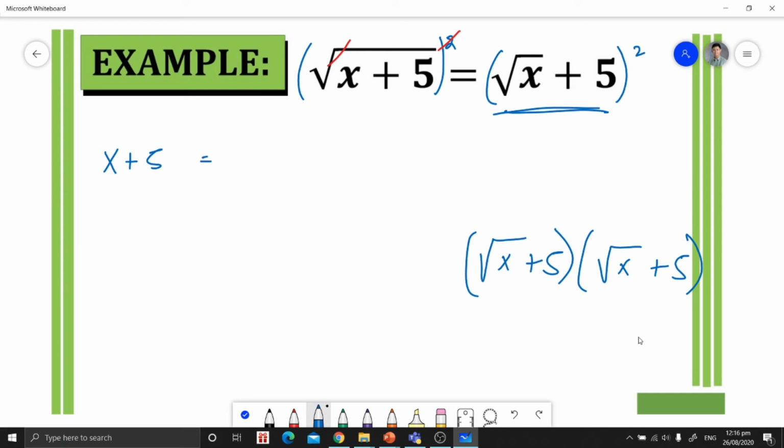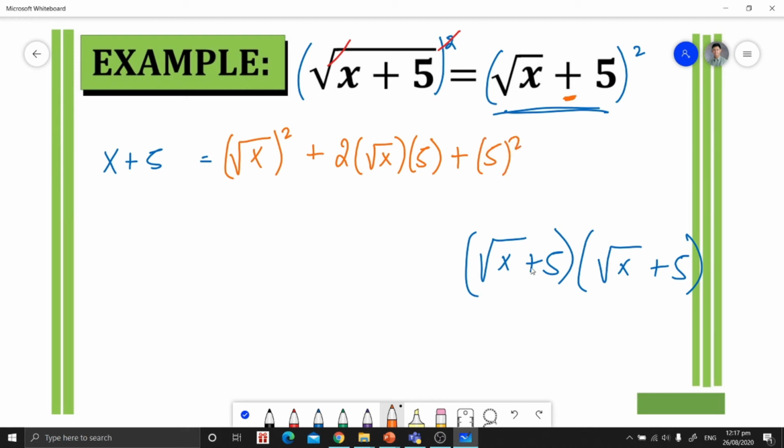Now the shortcut for square of a binomial is to square the first term, plus 2 times the product of the first term and the last term, then plus the square of the last term. So that's the shortcut. If you want, you can apply the FOIL method: first, outer, inner, last.